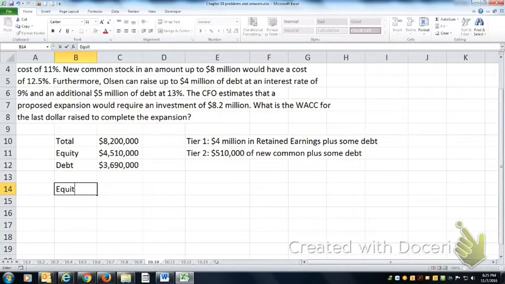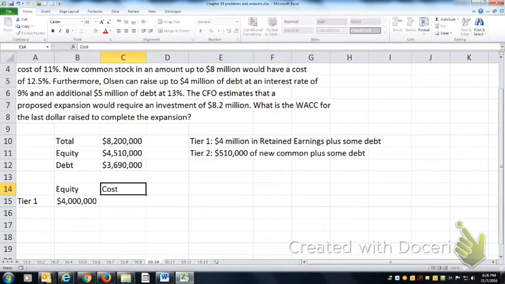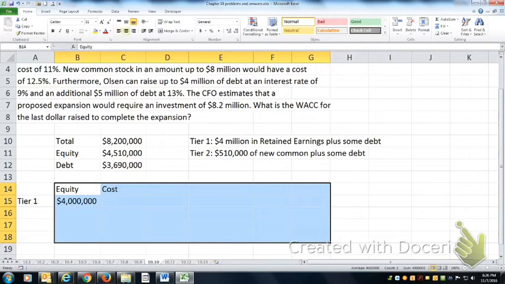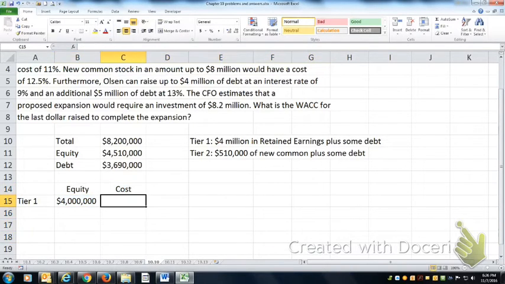If we look at the equity portion for Tier 1, the equity portion would be $4 million, and that's retained earnings, and the cost of that will be 11%.